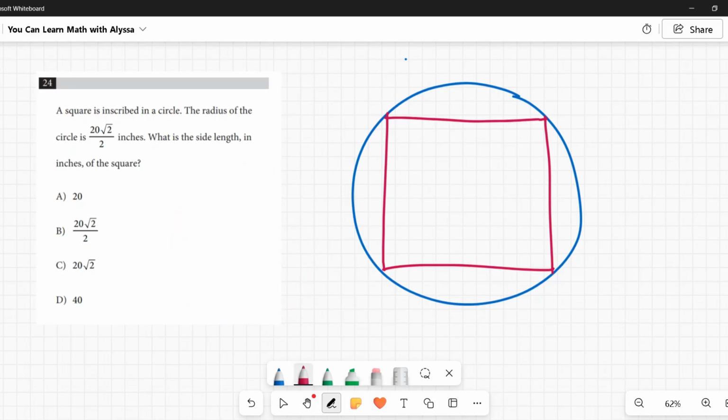Well, if I have a square here, since I'm trying to get to the side length of the square, that's my goal, to figure out any of these sides, how long are they? So how this radius interacts with the square is what I need to be focused on. So what if I draw a line from the center to a corner of the square?